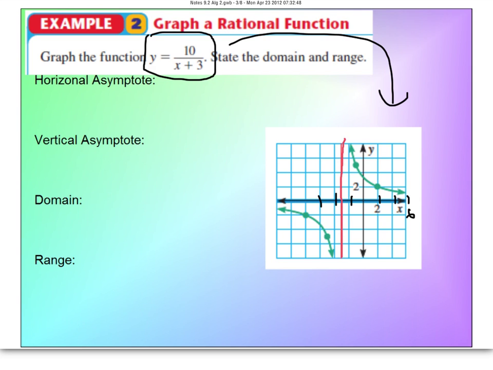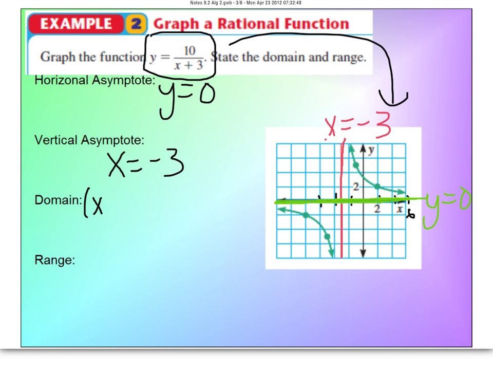And if you read it carefully, it looks like x is at the number -3. So this vertical asymptote is x equals -3. The horizontal asymptote is right here, and it goes right through the origin. So this is crossing the y-axis at y equals 0. So we can fill in that the horizontal asymptote is y equals 0. The vertical asymptote is x equals -3.